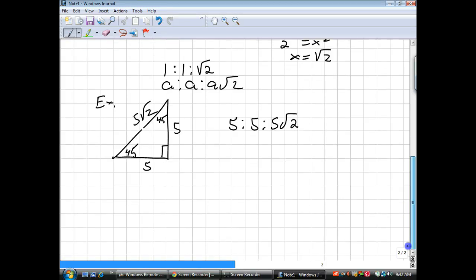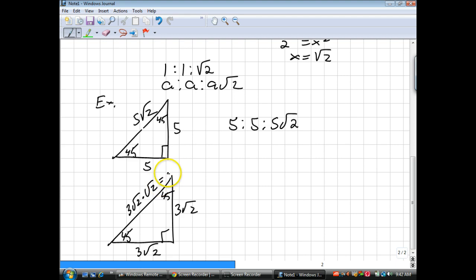Example 2: if I have a 45-45-90 triangle, and I know the leg is 3 square root 2, then I know the hypotenuse is 3 square root 2 times square root 2. That's going to be 3 times square root 4, or 6.